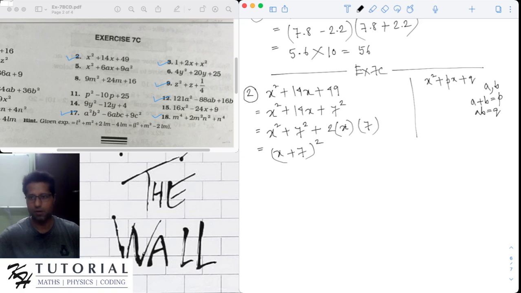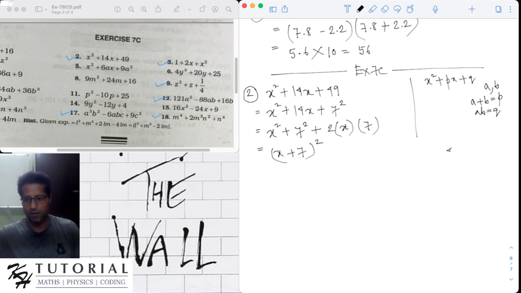You could have also applied the concept of finding a and b such that a plus b is equal to 14 and ab equals 49. That method will also work.